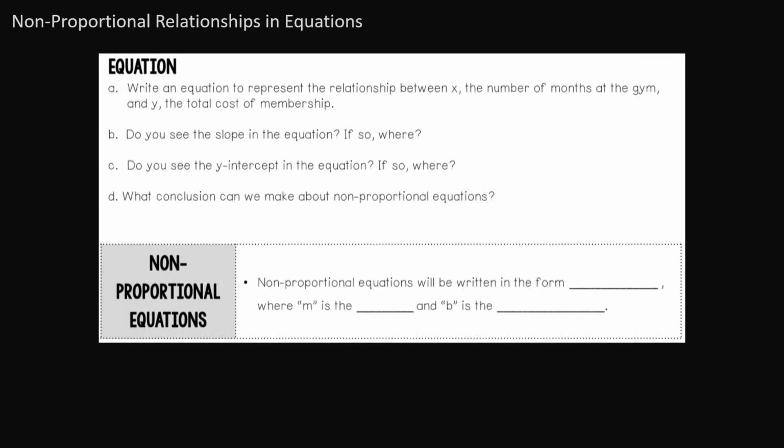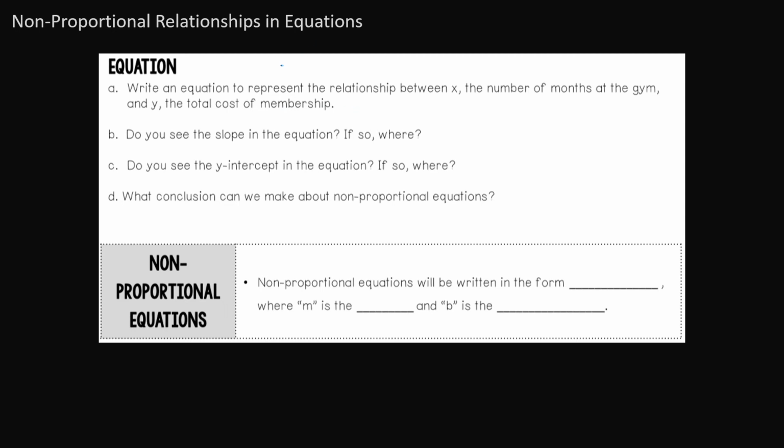So let's talk about equations. We saw representations of graphs and tables. So if we think about equations, we're going to look at Hillary's situation one more time. And we're going to write an equation to represent the relationship between X, the number of months at the gym, and Y, total cost of membership.